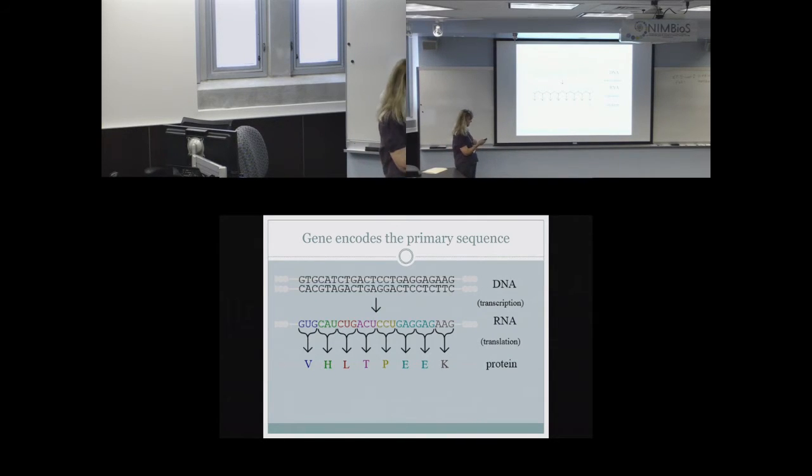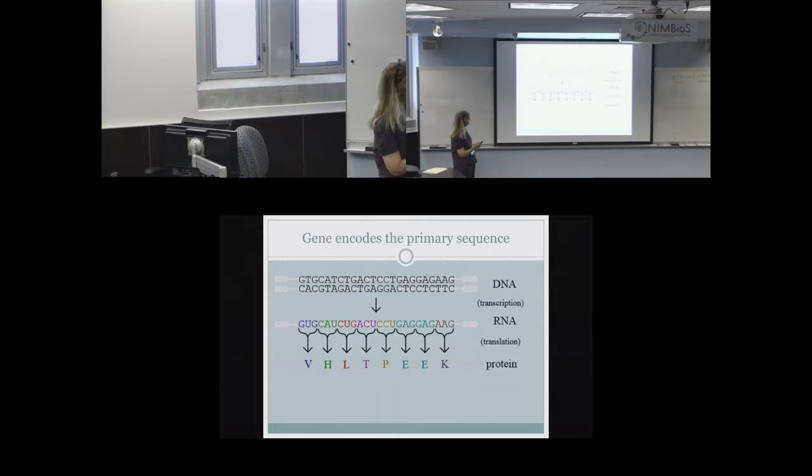How are they made? The DNA sequence contains these segments we call genes, right? And then a copy of the gene that encodes a protein is made, called transcription, and that copy is our RNA.